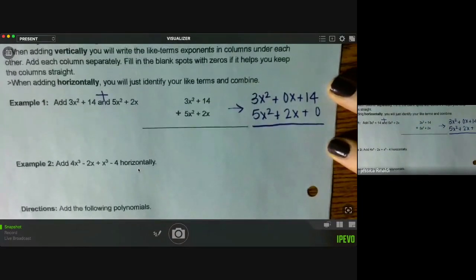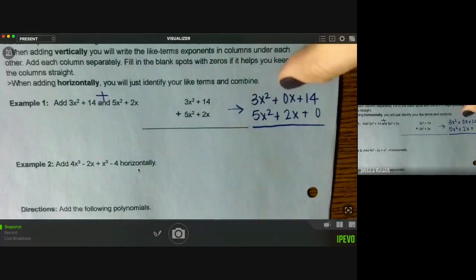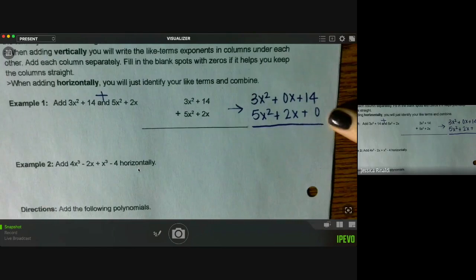No. If it helps you, that's fine. I filled in a 0x there as a placeholder because I don't have any just regular x terms in my first binomial. I put a 0 down here because I don't have any just numbers without a variable in my second one. Again, do you have to do this? No. If it works for you, then go ahead, okay?